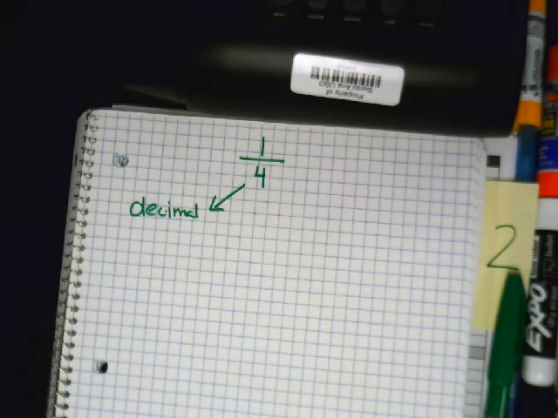Divide, right? We're going to do 1 in and 4 out. So set it up before I do. What goes inside, what goes outside?